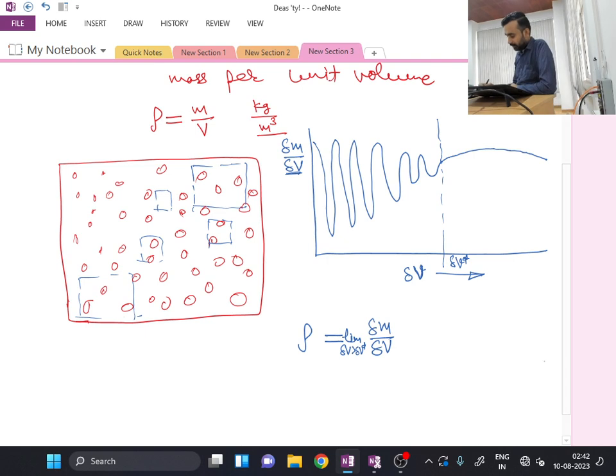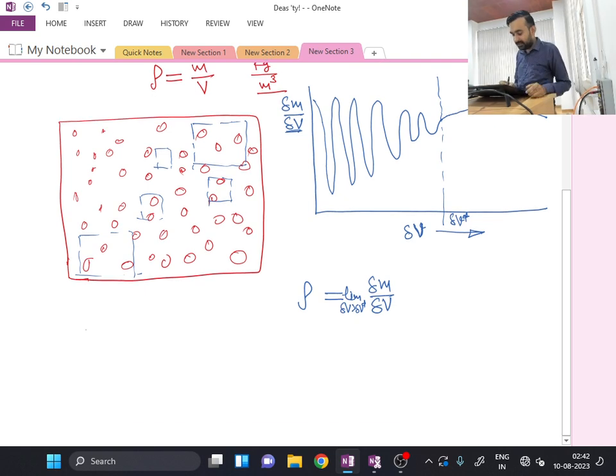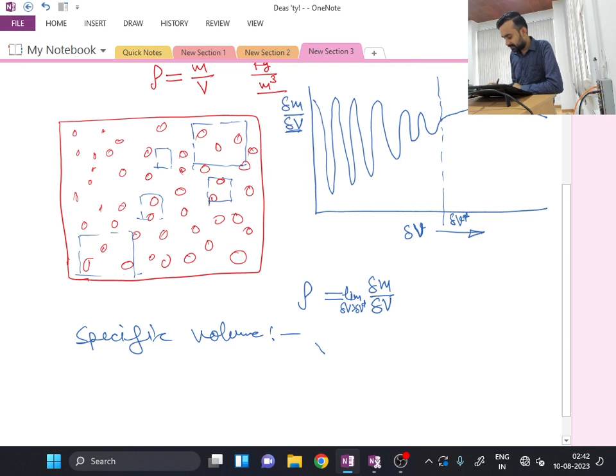Now the reciprocal of density is called specific volume. Specific volume is typically represented with the symbol small v, and that is equal to delta v by delta m.